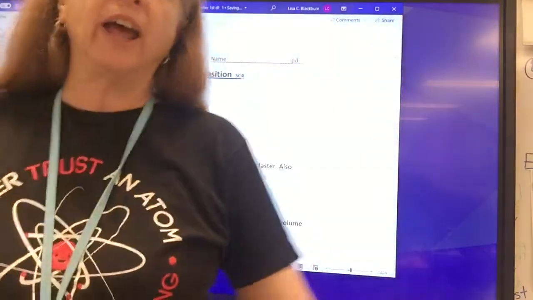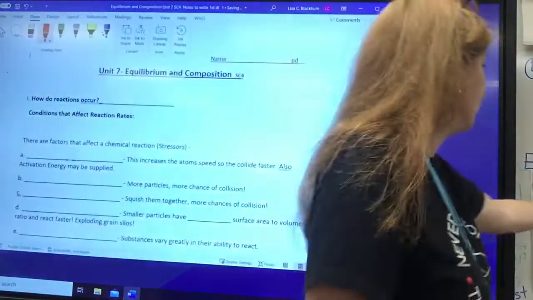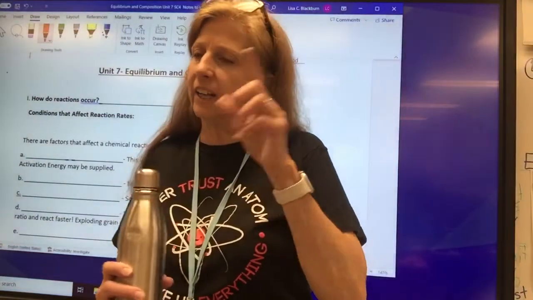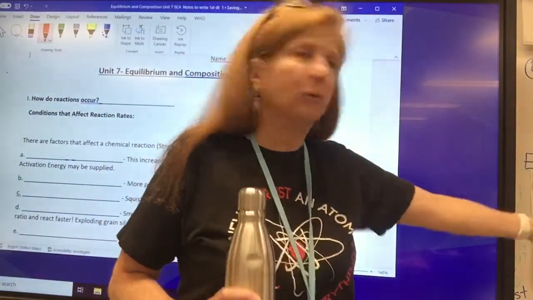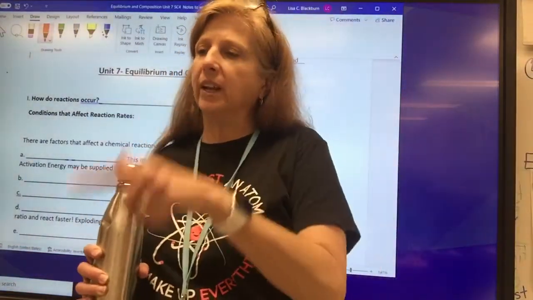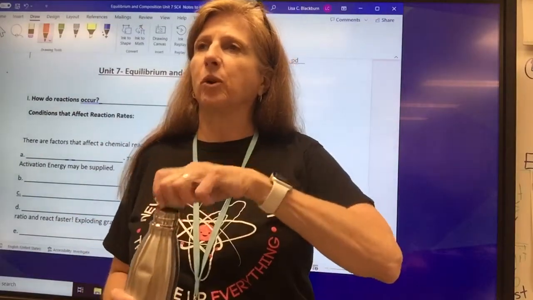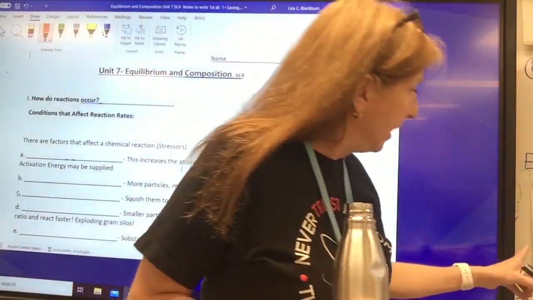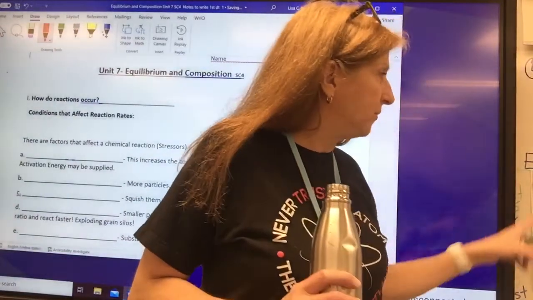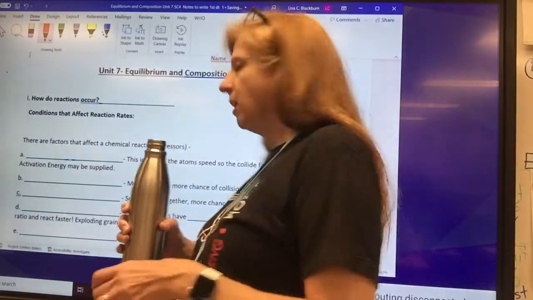We're also going to have standard number 4 on this test, and I haven't stuck it up here yet because I wanted to show you this first, but it's written on your notes page. So we're going to be doing standard 4 and finishing up standard 3.